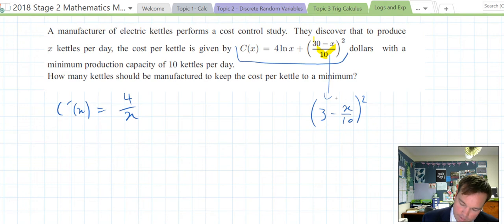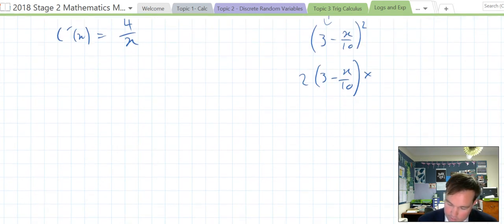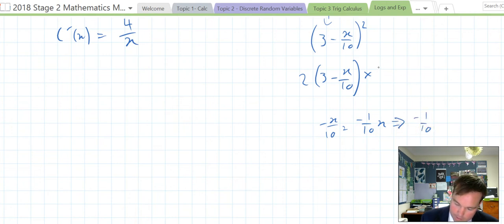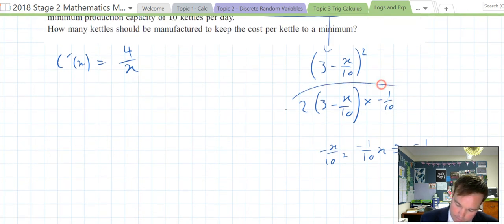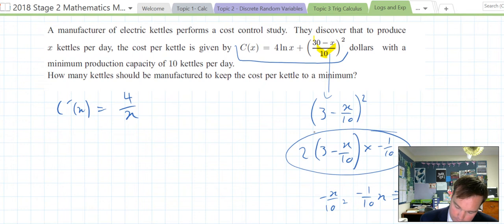And then, doing the derivative of this, you bring the 2 down, so it becomes 2 bracket 3 minus x on 10 multiplied by the derivative of the inner. Now, derivative of the inner is derivative of this inside portion. This bit here, minus x on 10, is really minus 1 on 10 x. So its derivative is minus 1 on 10. So this is multiplied by minus 1 on 10, giving that as the derivative of this.